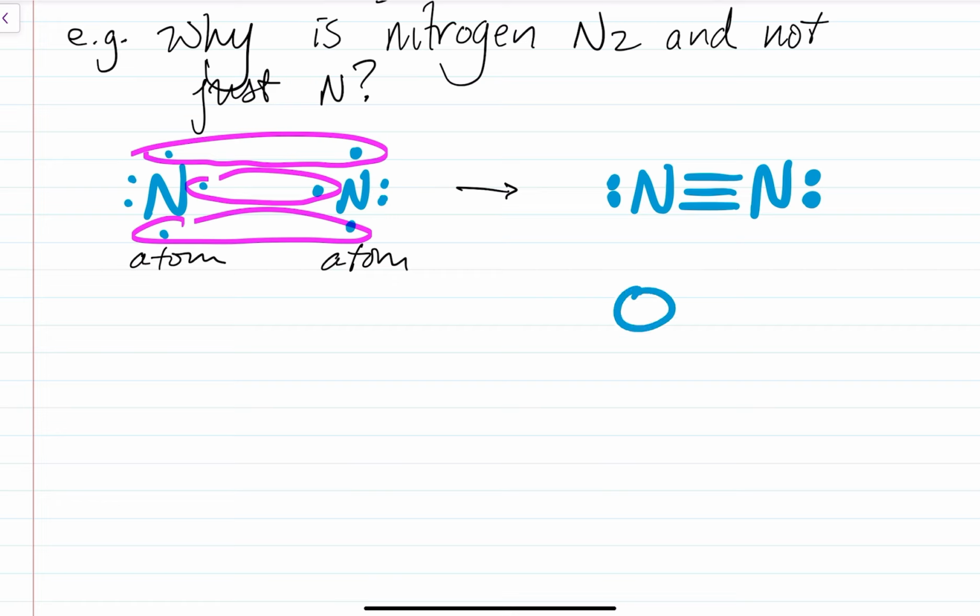And here's what a ball and stick model would look like for this. Triple bond, I heard it. Love it. What do you say? I love that for you. Triple covalent bond.